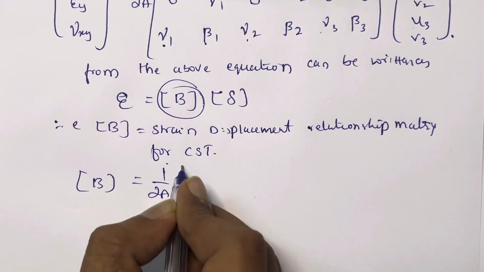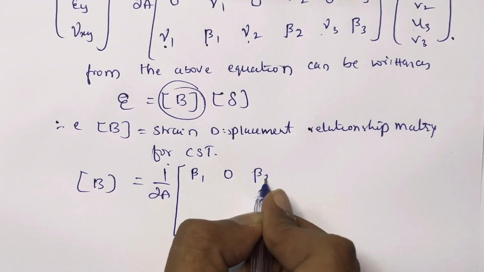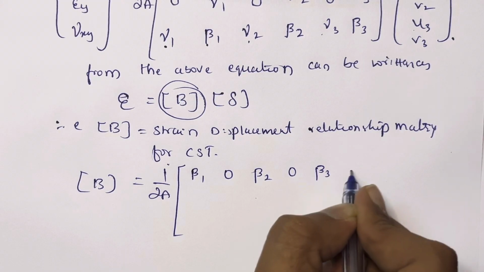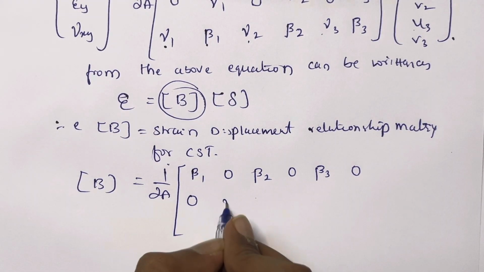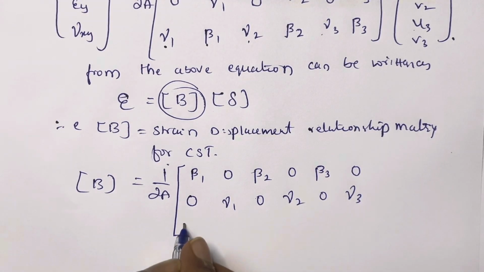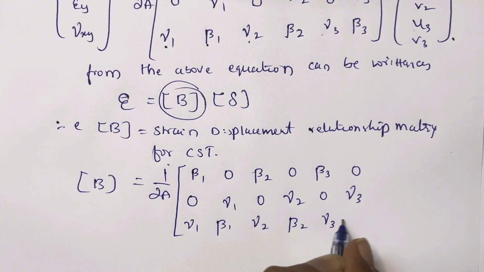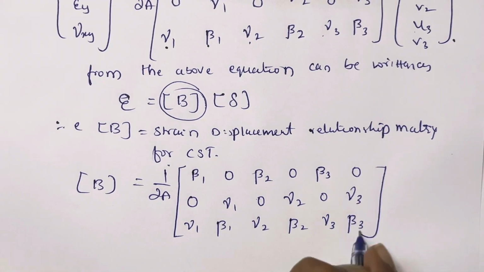B equals 1 by 2A times the matrix: beta 1, 0, beta 2, 0, beta 3, 0; 0, gamma 1, 0, gamma 2, 0, gamma 3; gamma 1, beta 1, gamma 2, beta 2, gamma 3, beta 3.